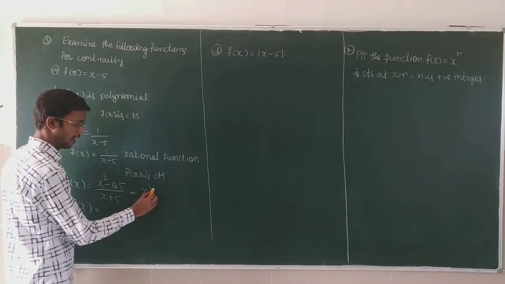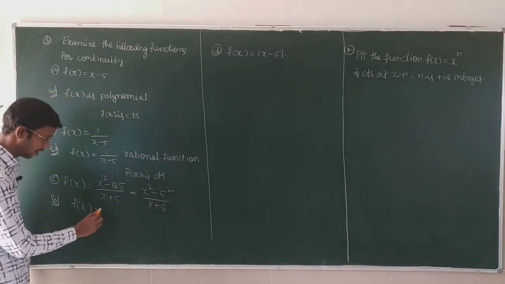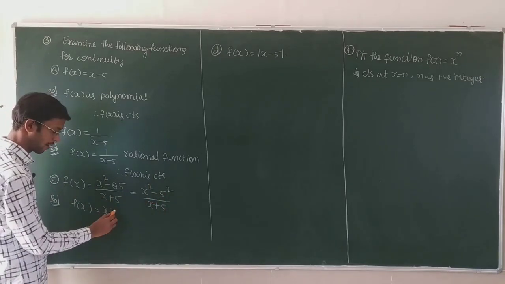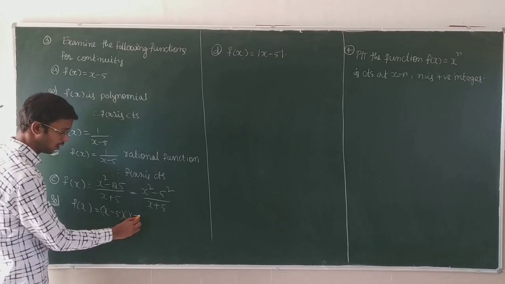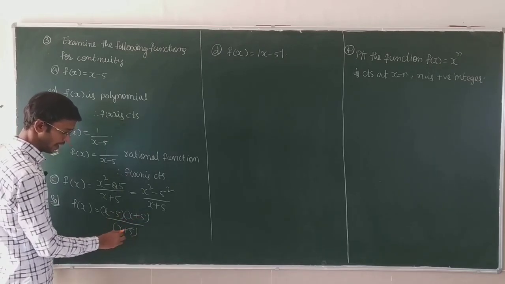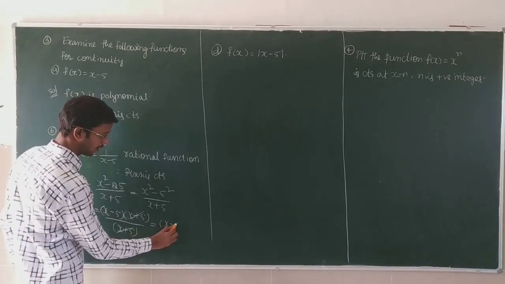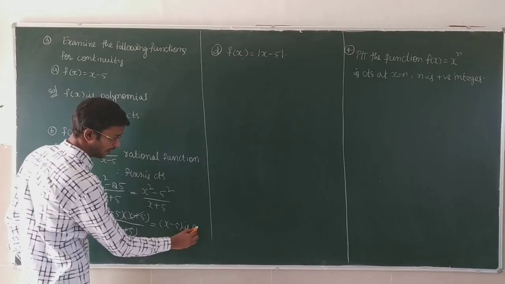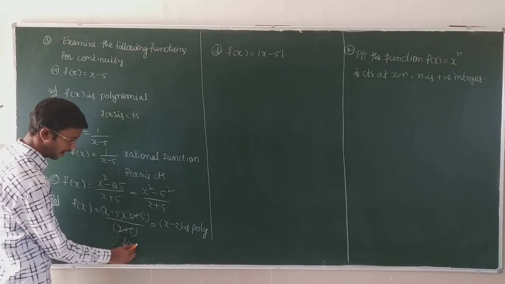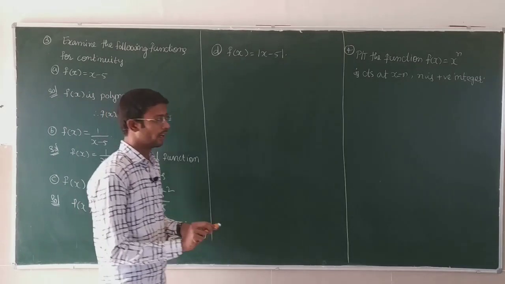We can write this using the a square minus b square formula: a minus b into a plus b, divided by x plus 5. x plus 5 cancels, giving x minus 5, a polynomial. Therefore, f of x is continuous. Every polynomial function is continuous.